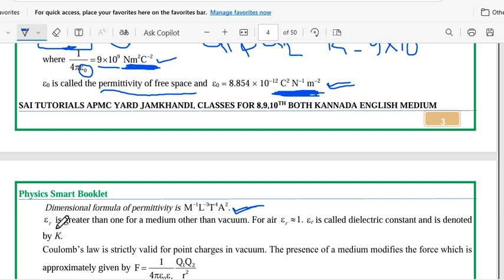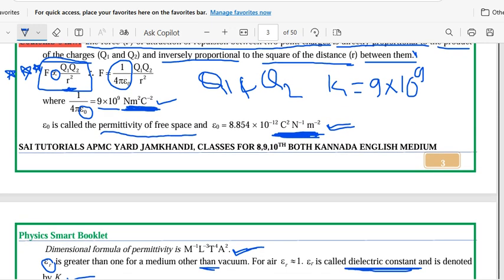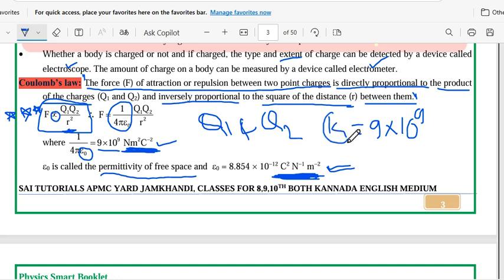Next, here epsilon r is given. What does this indicate? Its value is greater than 1 for a medium other than vacuum. Suppose, for example, for air its value is equal to 1, then epsilon r is called the dielectric constant. It is denoted by the letter K. I have taken the proportionality constant here.